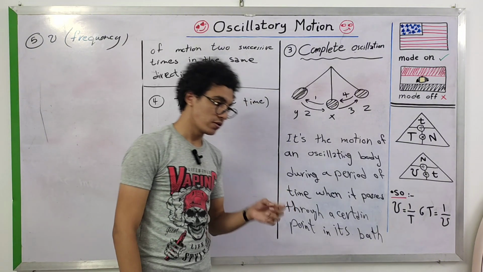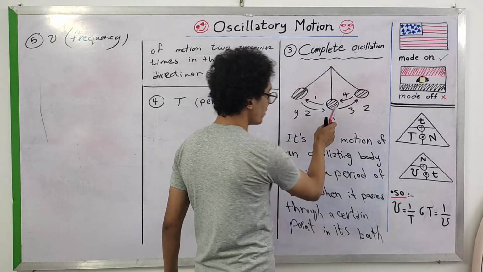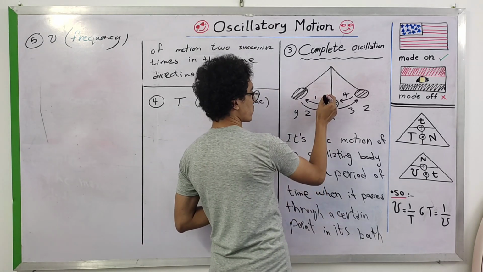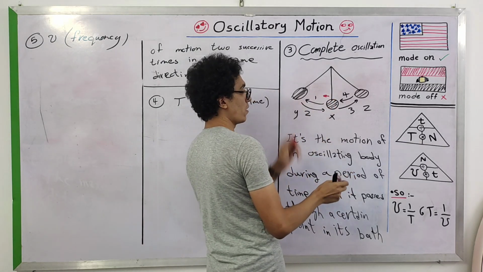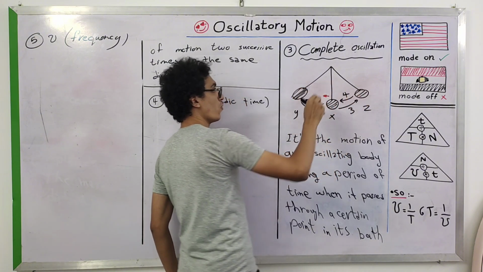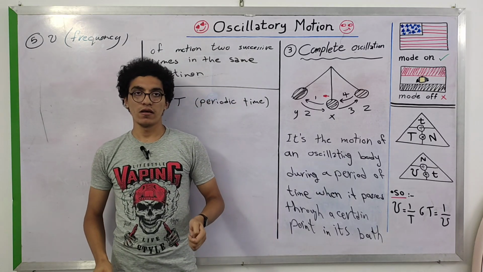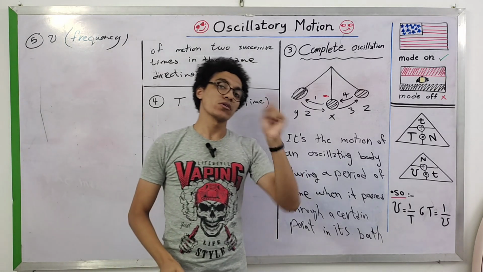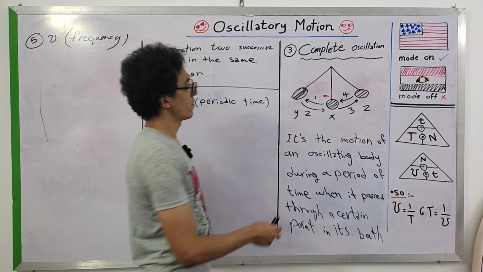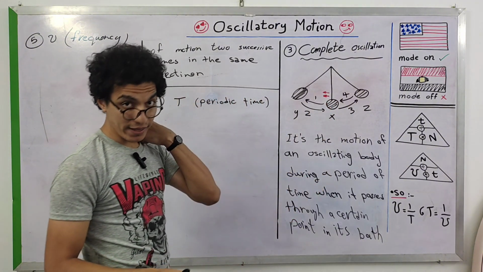How do I know this? Look at the direction of the body in the beginning, in the left, right? Okay, 1, 2, 3, 4. When it goes back to the starting point, its direction is the same as the direction at the beginning.